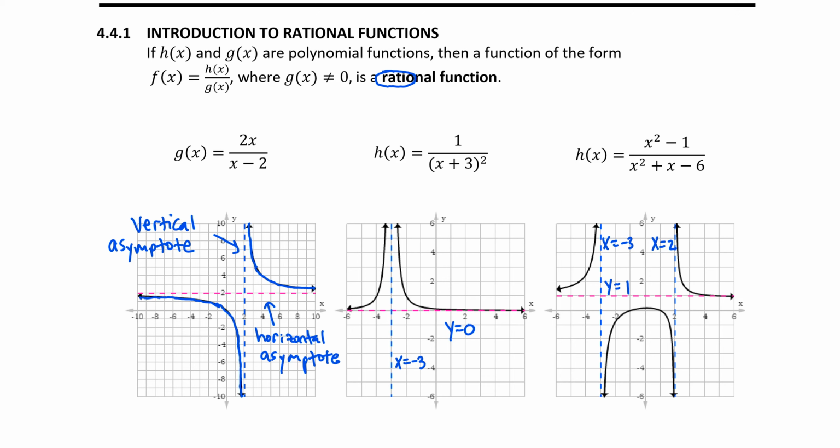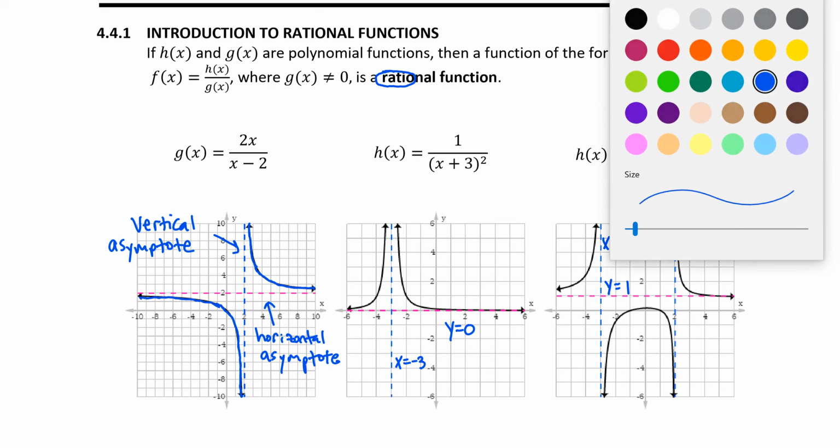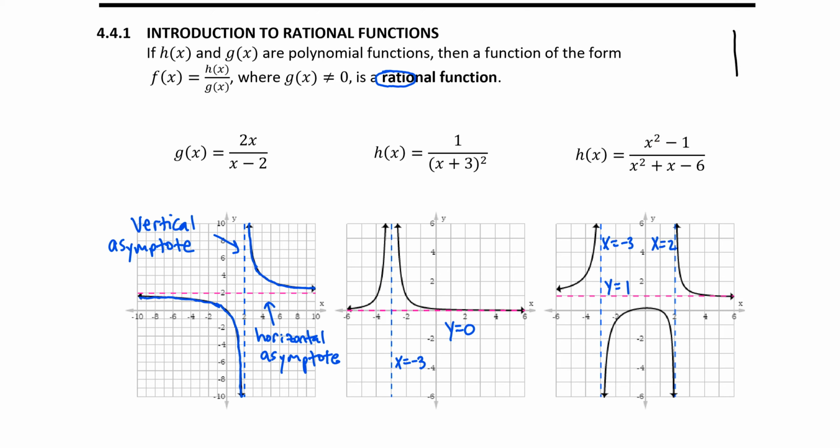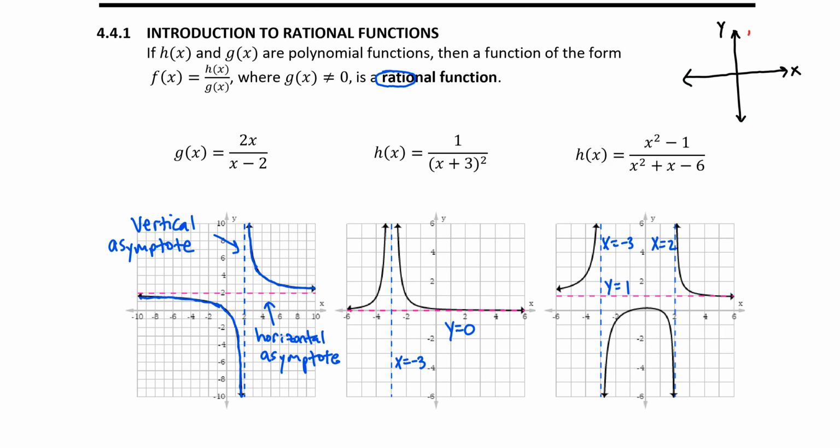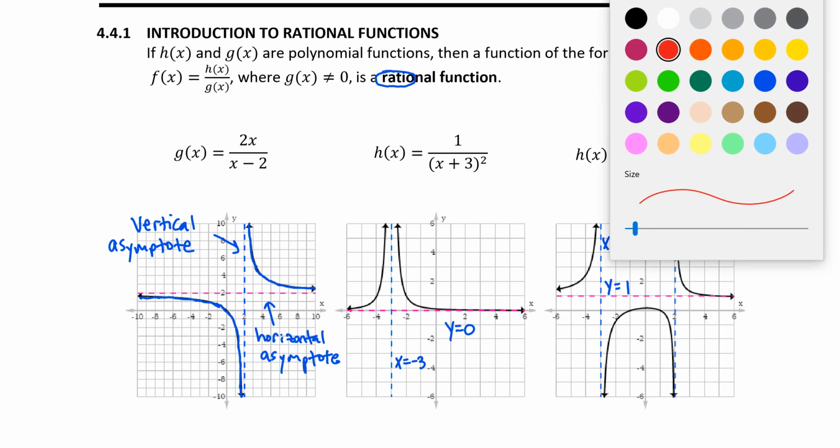When we graph rational functions in this section, our primary goal will be to first locate both the vertical and horizontal asymptotes, and then fit the curvature of the graph within those asymptotes. Now, FYI, graphs can also have oblique or slant asymptotes. So let me give you a quick picture of that. You may have a graph that has both a vertical and a slant, also known as oblique, asymptote.